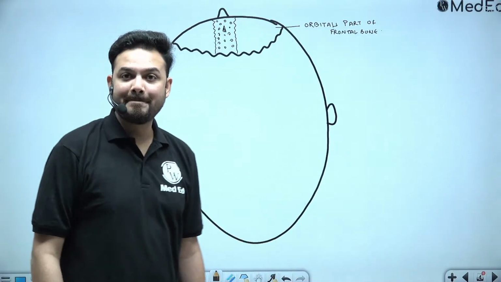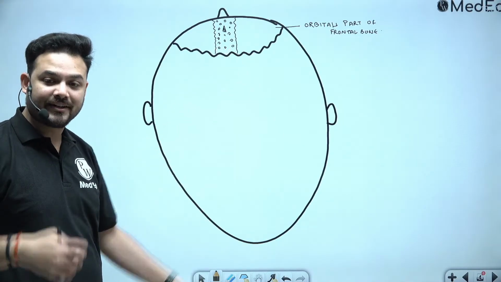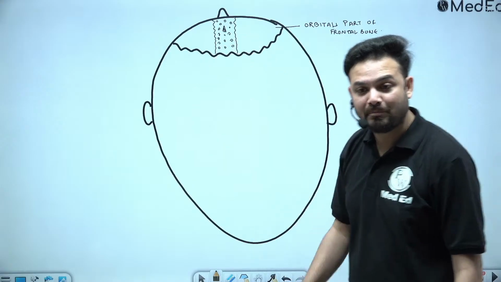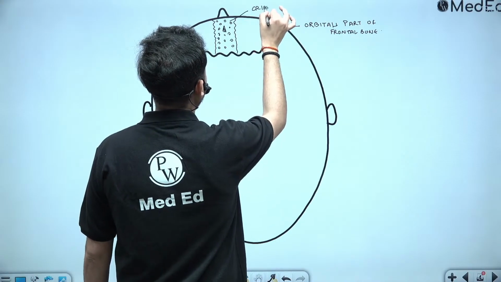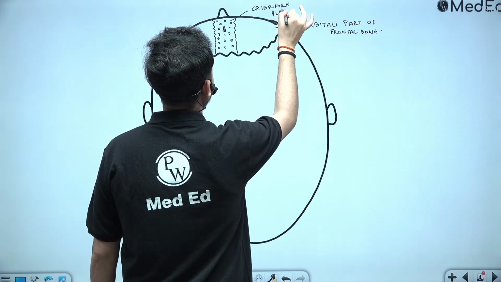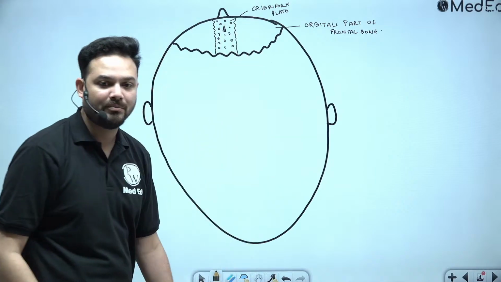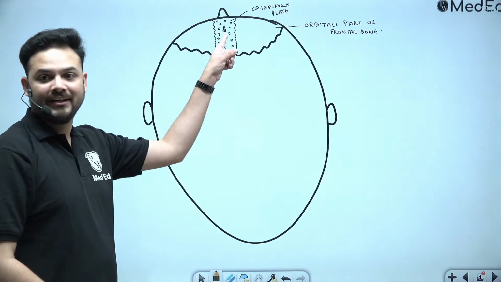So, this particular area is the cribriform plate. Absolutely, Soumyadeep, that's a great answer. So, this is the cribriform plate, which has many of these foramina. This is the anterior part. And many of these olfactory neurons come through this cribriform plate into the brain. Okay? Now, this is the crista galli, what I have drawn there.